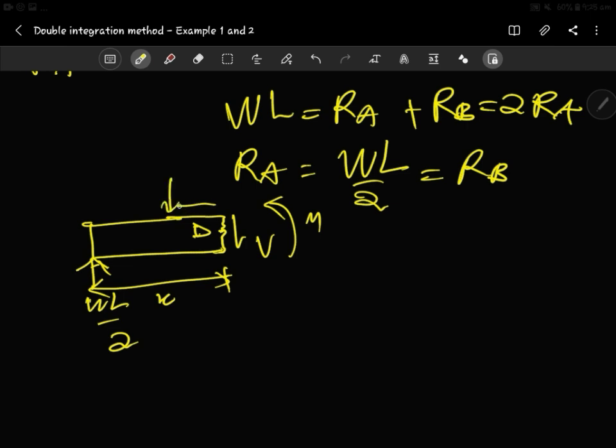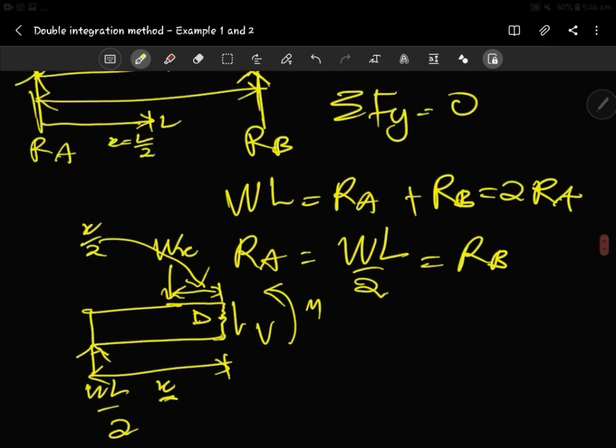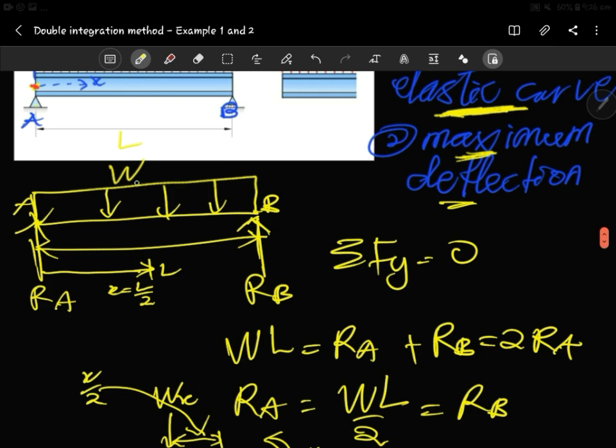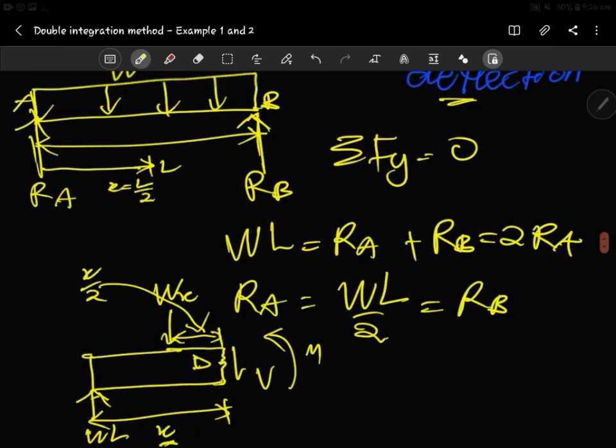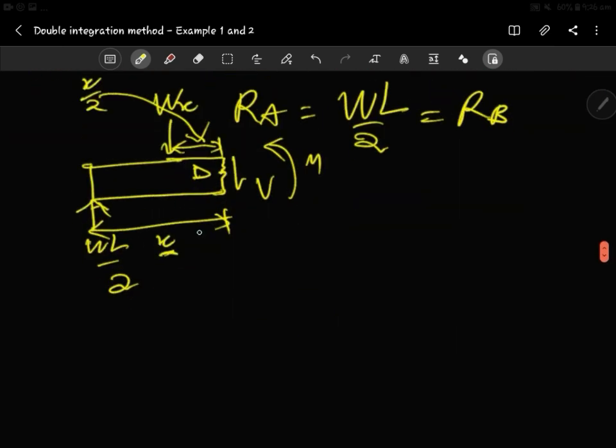The distance from here to here is about x on 2. And this w is acting on the whole section x. This is the force because it's a linear force. Here it's acting on the whole section, rather than on L.